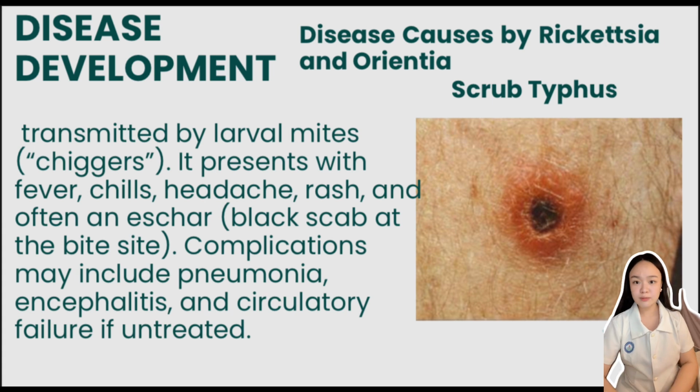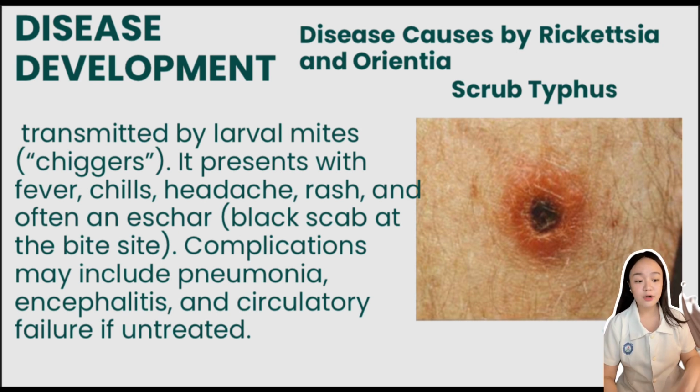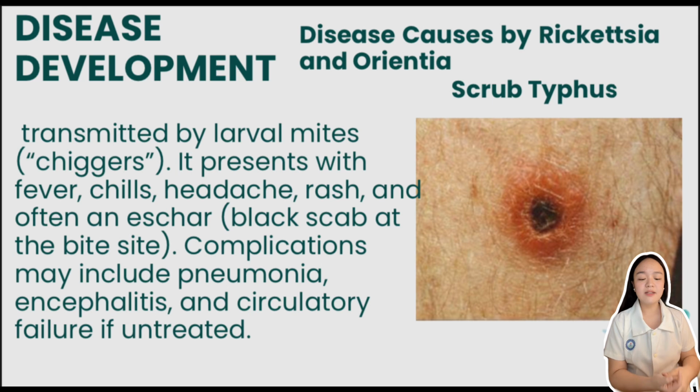Next is this scrub typhus. Ito yung caused by Orientia tsutsugamushi. So it is transmitted by larval mites, chiggers. It presents with fevers, chills, headaches, rash, and often an eschar or the black scab dito sa picture. And complications may include pneumonia, encephalitis, and circulatory failure if untreated.